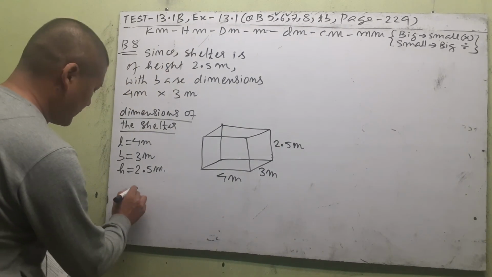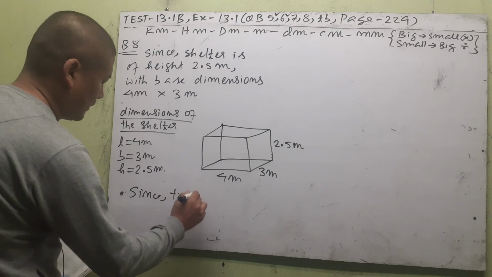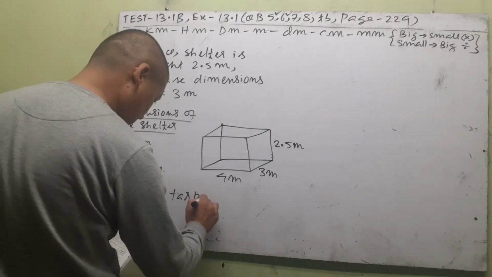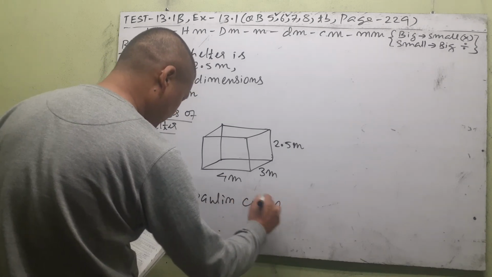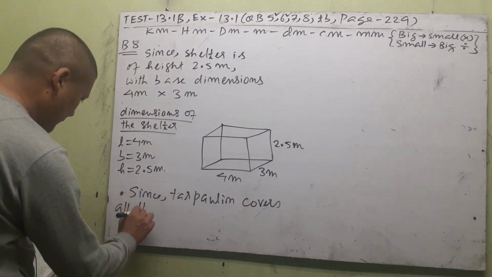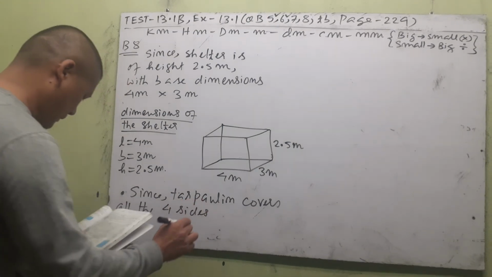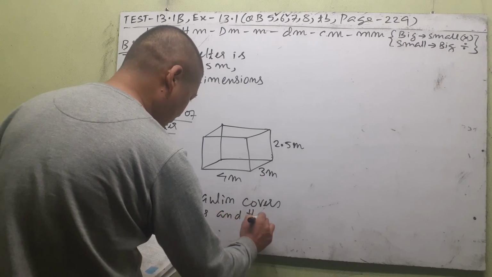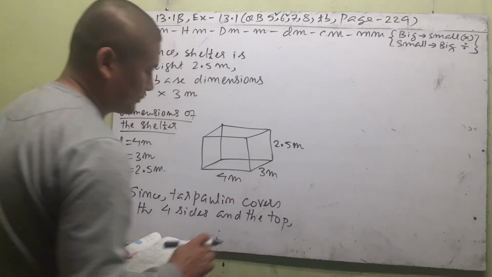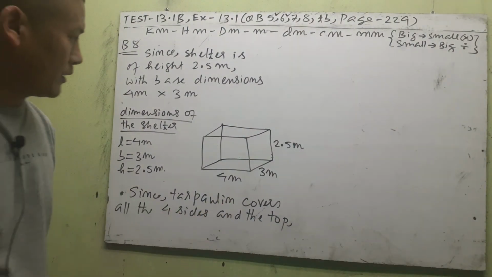So we can write here, since tarpaulin covers all the 4 sides, means the 4 walls, and the top. So it must be covered the top also. But the bottom we're not going to put tarpaulin. So only these 4 sides and the top.